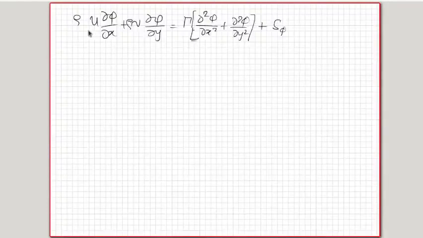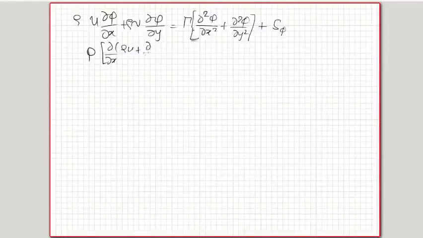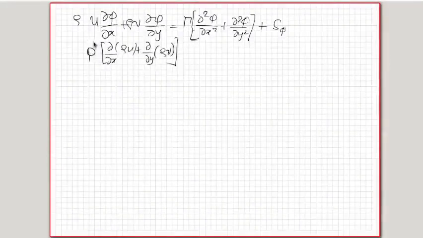Once this is done, on the left hand side, I add phi into del by del x of rho u plus del by del y of rho v, which is equal to 0 by the continuity equation when rho is constant. Let me write the phi clearly.